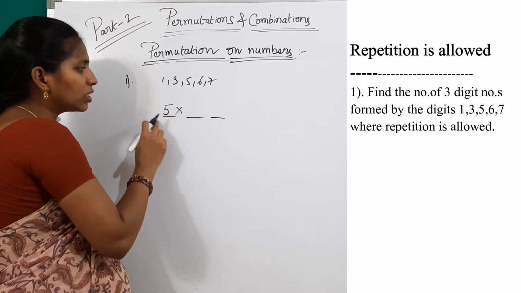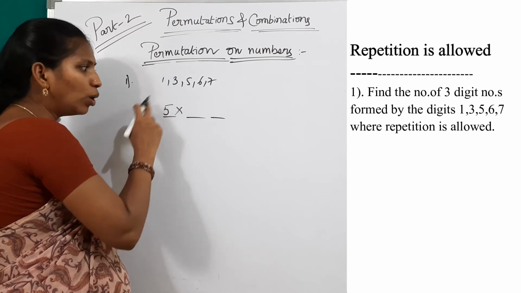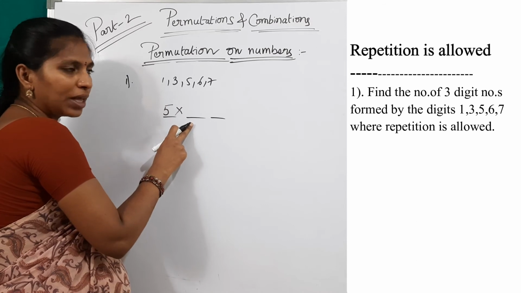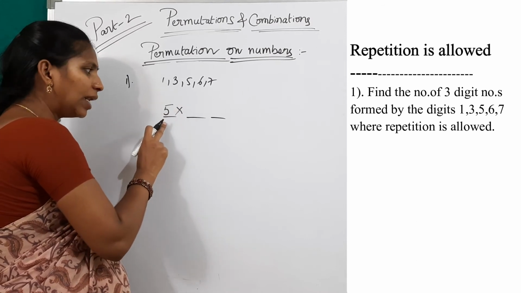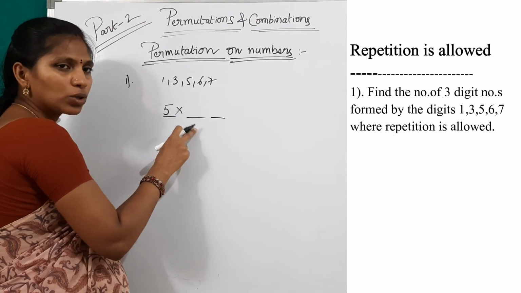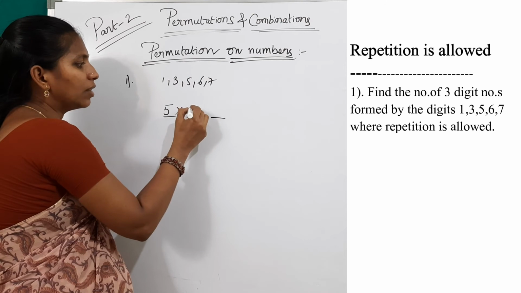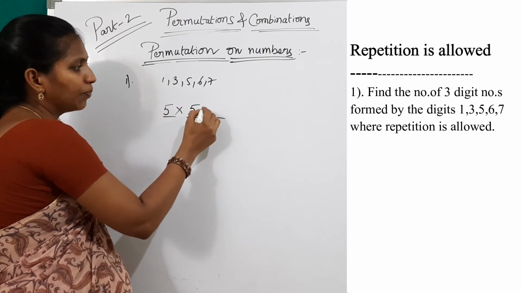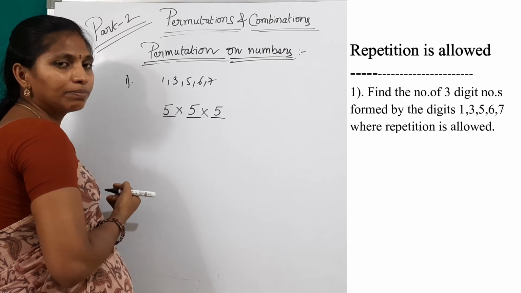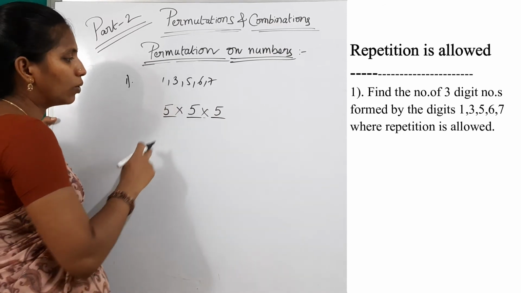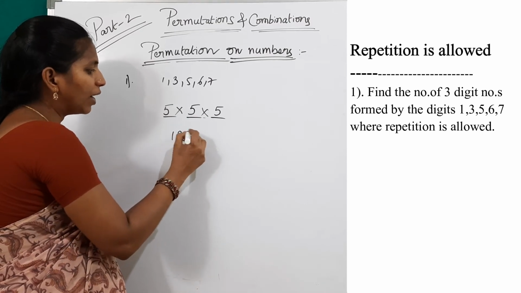So if I use 1 here, then again I can use 1 in this place also. If I use 3 here, then I can use 3 in this place also. So again 5 chances, and again 5 chances. 5 cube, 125.